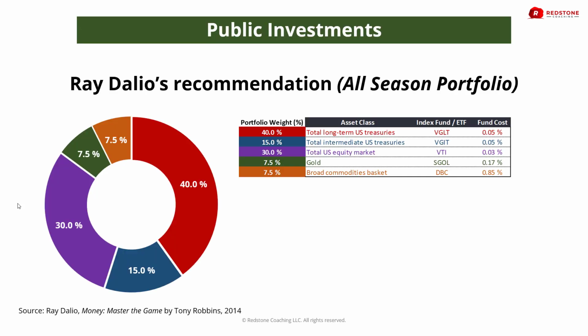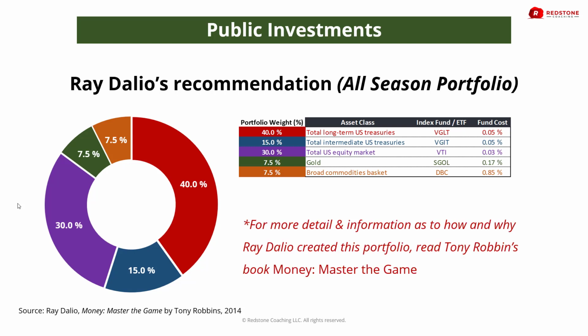Okay, so public investments. An example of a strategy that I found was when I was reading the book Money Master the Game by Tony Robbins. Highly recommend reading that book, and I also have that in the further reading section.